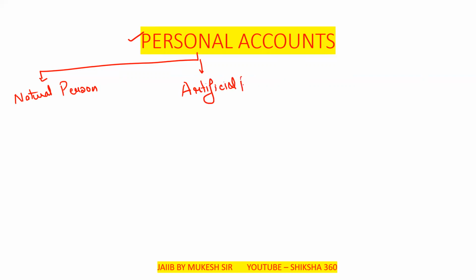I have already told you we have to classify personal account into three categories. First one is the natural person, second one is the artificial person, and third one is the representative personal account.